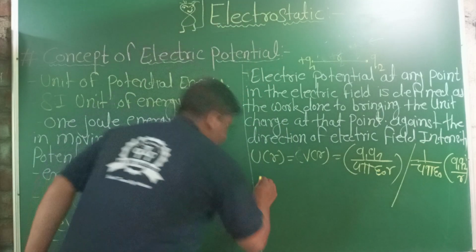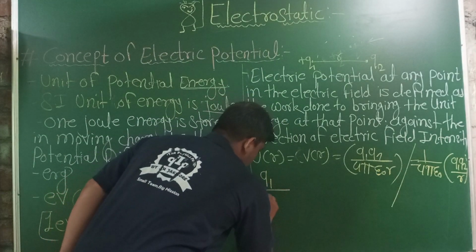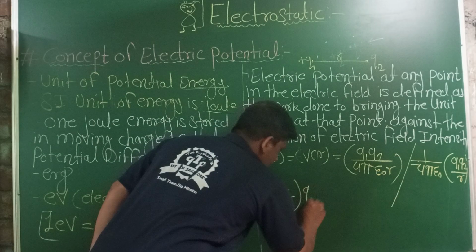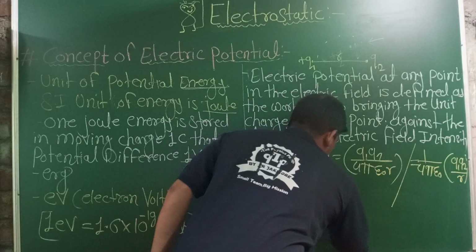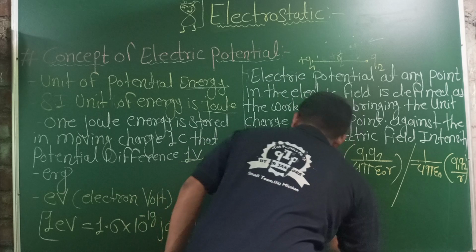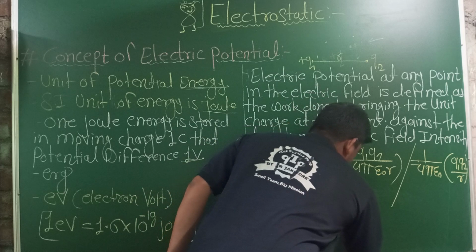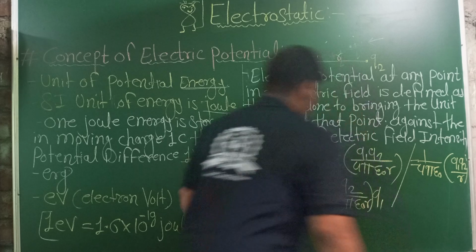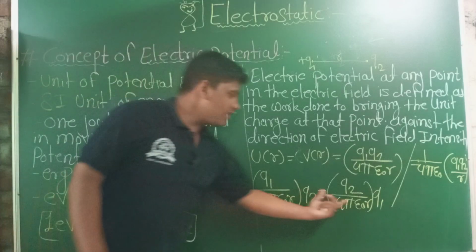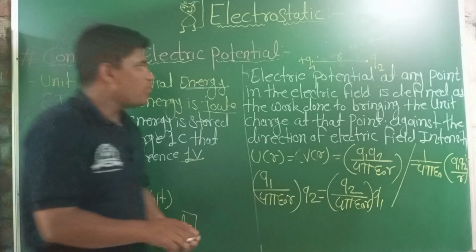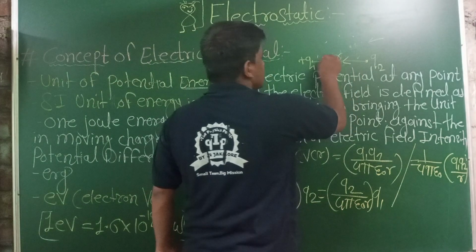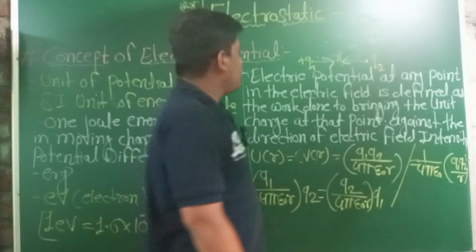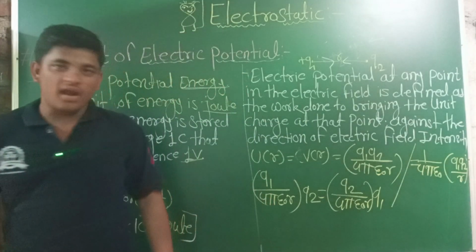Then the electric potentials, Q1 upon 4 pi epsilon 0 R into Q2, is also equal to Q2 divided by 4 pi epsilon 0 R into Q1. These two electric potentials must be equal, acting on each other for these two different points having the different charges Q1 and Q2.